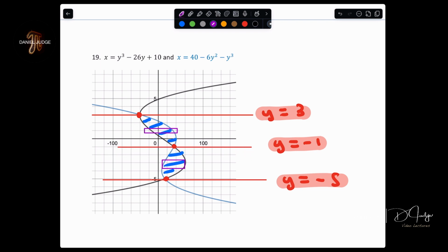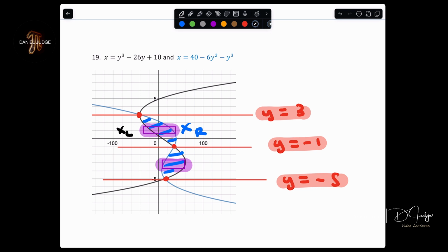So when we do the work now, we got 2 situations. The blue curve is on the right, so I'm going to keep that blue, XR. The black curve is on the left, so this is the XL.